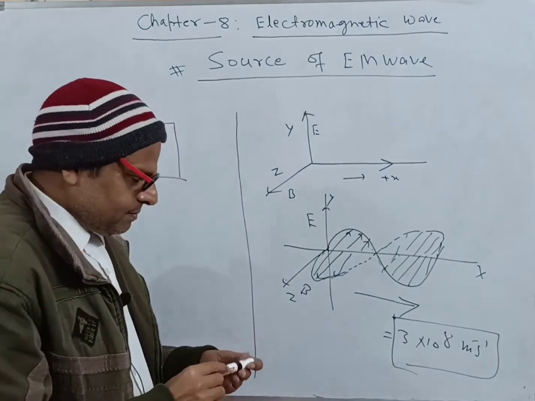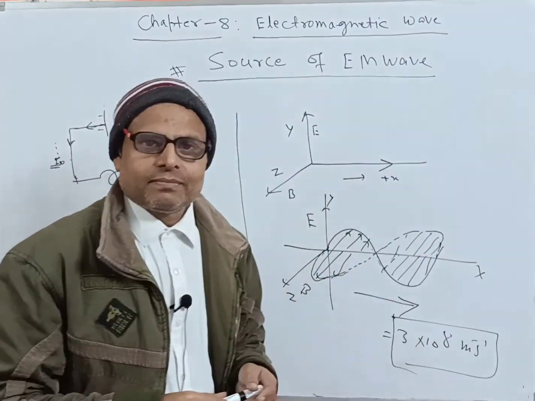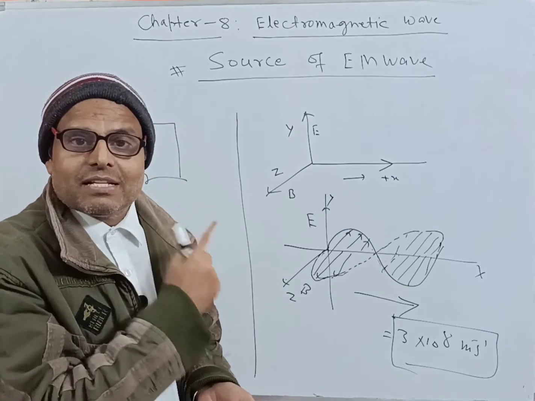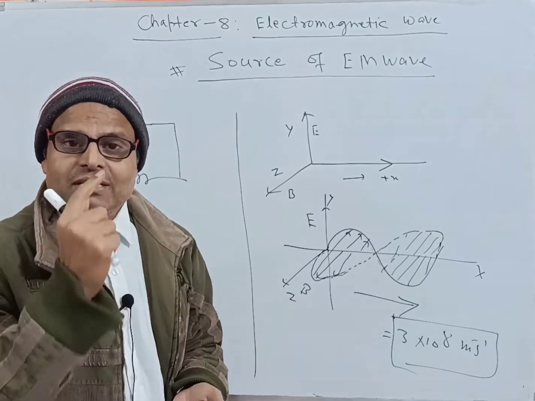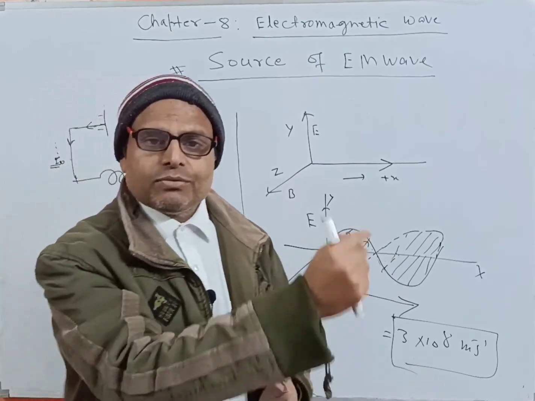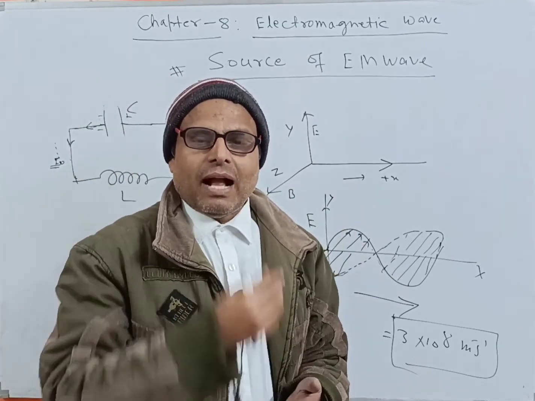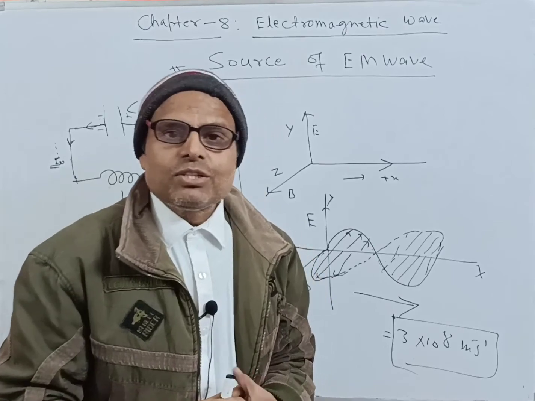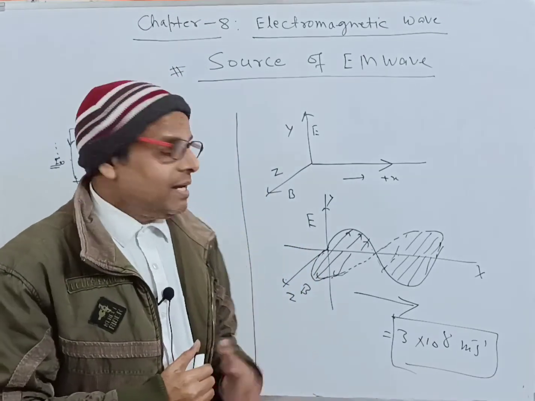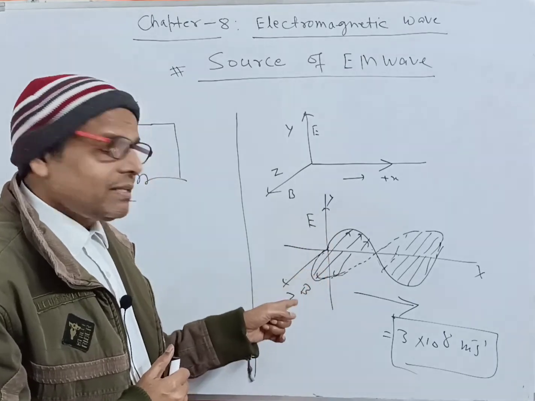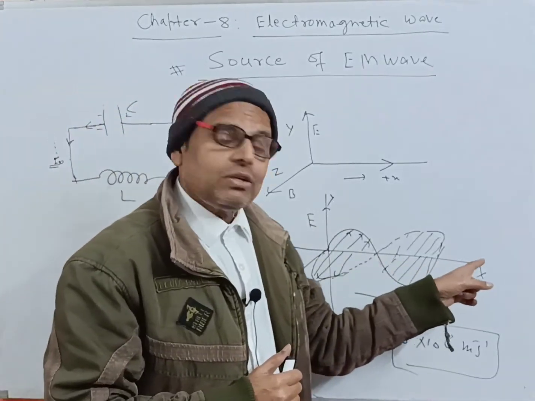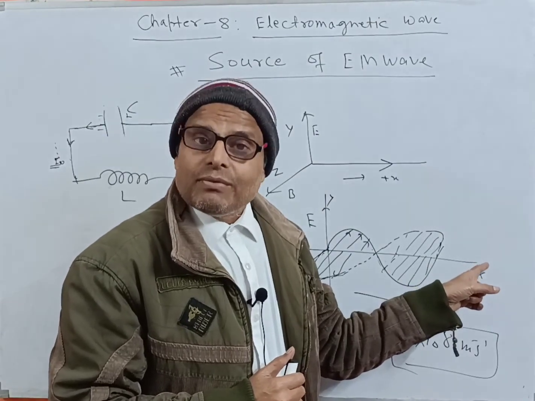And since this propagation is transverse in nature, because in a transverse wave, the direction of propagation of wave and the vibration of the particle in the medium are perpendicular to each other. Here electric field and magnetic field both are perpendicular to the direction of propagation of electromagnetic wave.